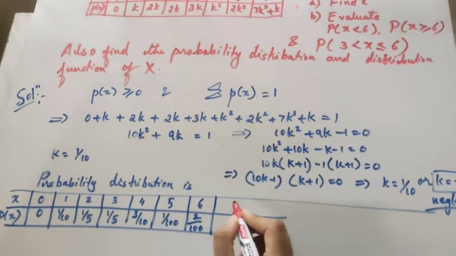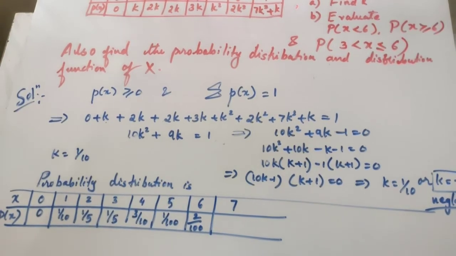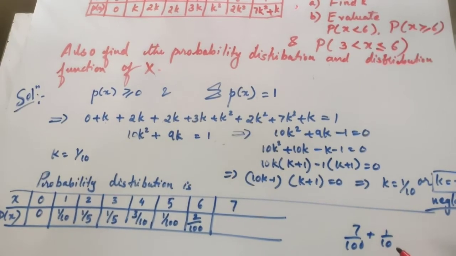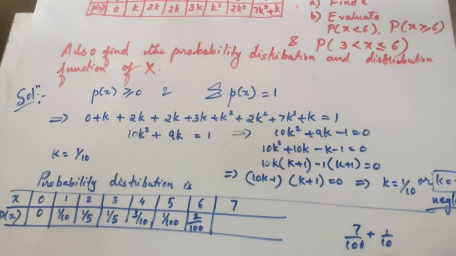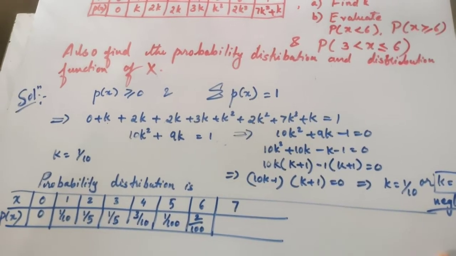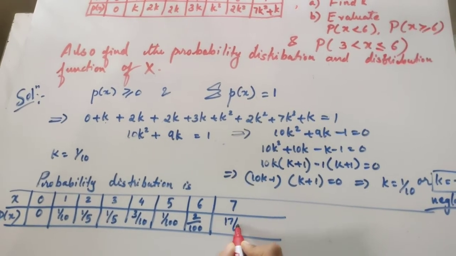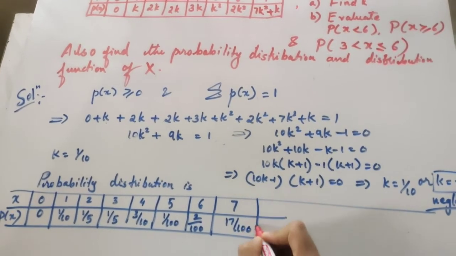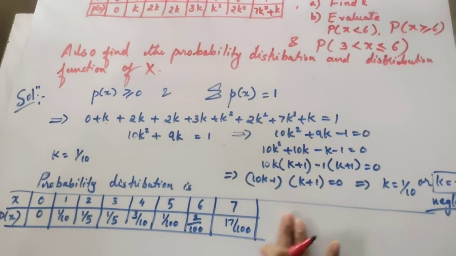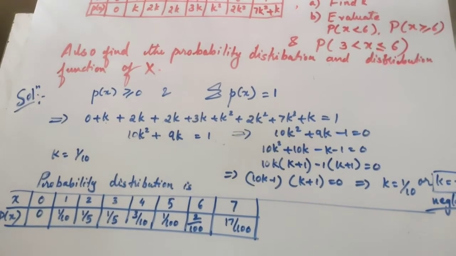For 7, it is 7k square, which is 7 by 100 plus 1 by 10, so 7 plus 10 divided by 100, or 17 by 100. So these are the probability distributions asked for in the first part.